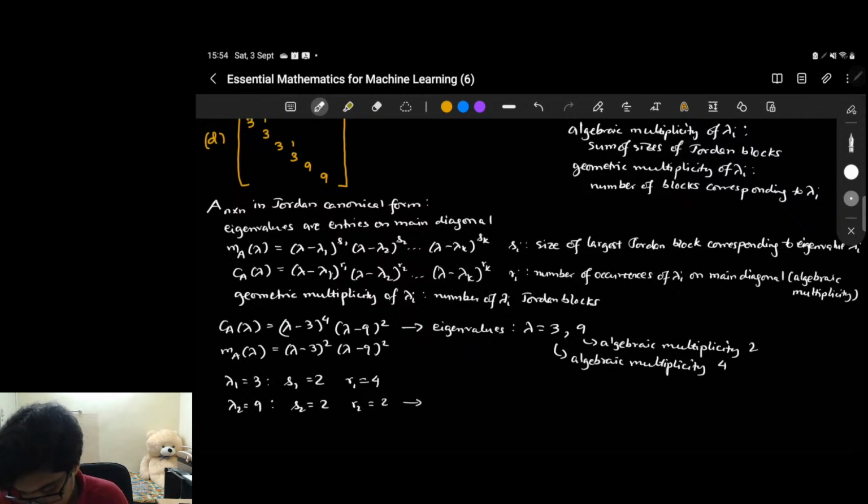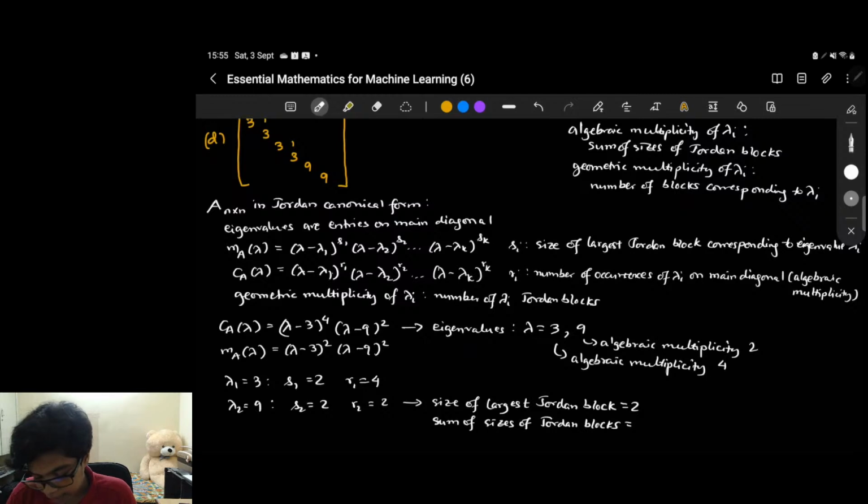So this means the size of the largest Jordan block is equal to S2, which is 2. And the sum of sizes of Jordan blocks is basically the algebraic multiplicity of lambda, and that is R2.